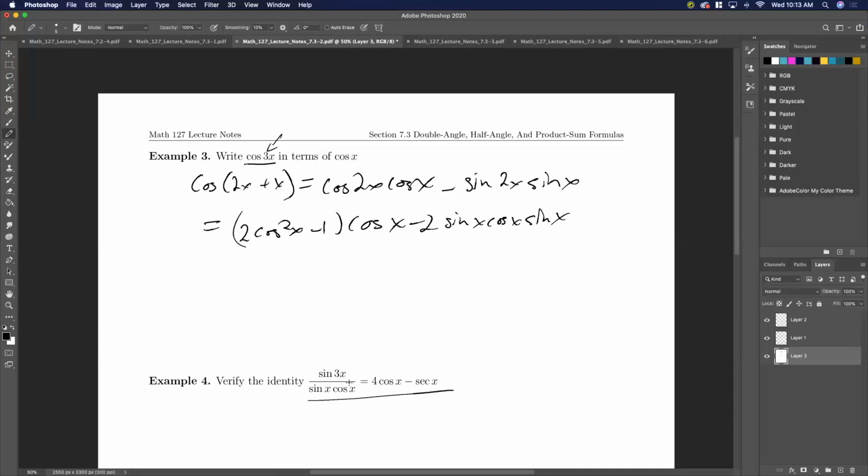And then if I write this, let's go ahead and distribute the cosine, and then combine the sine. So this will give me 2 cosine cubed x minus cosine of x, then minus 2 sine squared x cosine x.